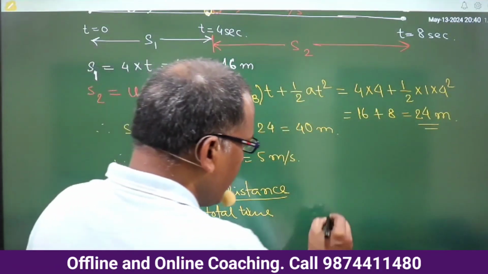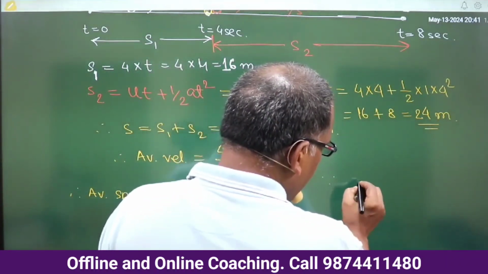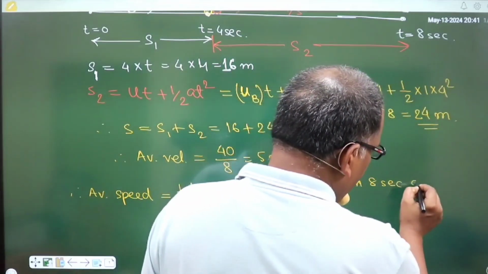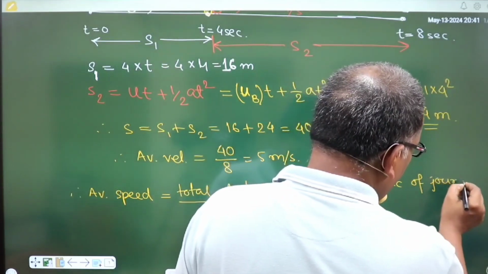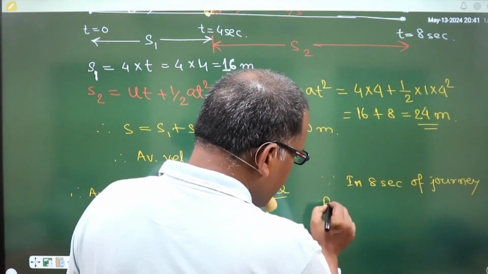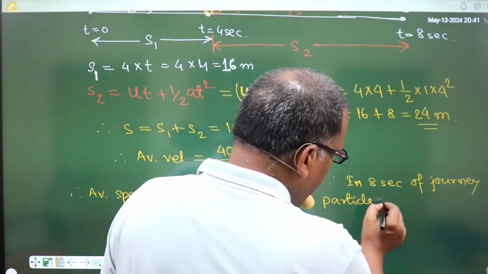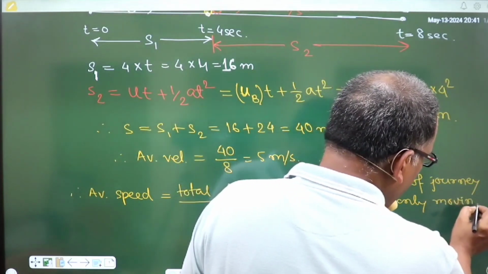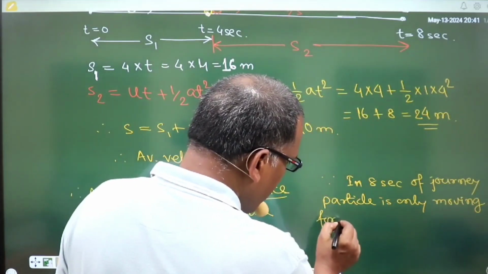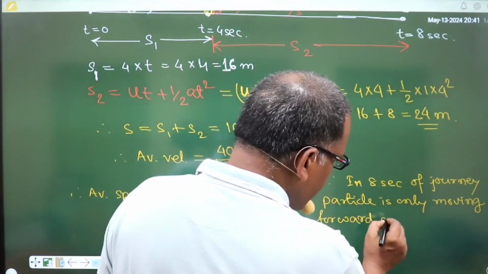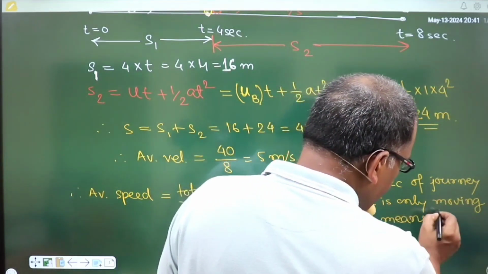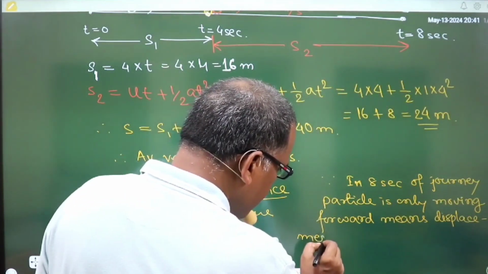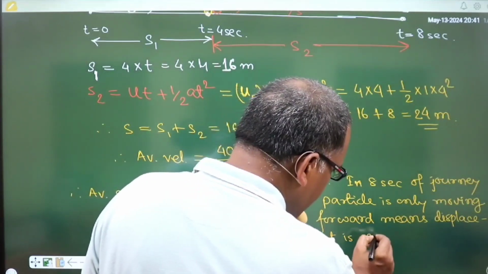So I will write: since in 8 seconds of journey the particle is only moving forward, displacement is equal to distance traveled.